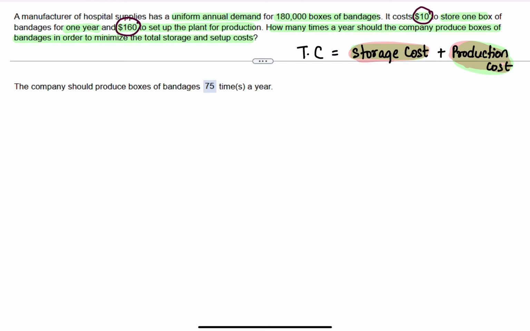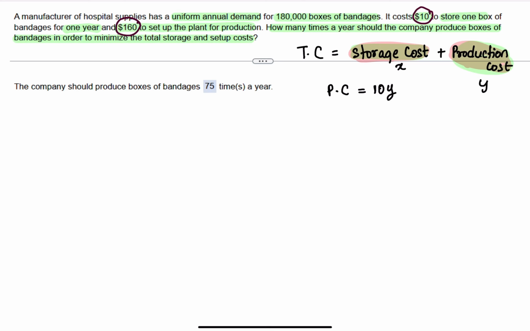Now, having said that, how do I approach this problem? Let's just say you use your factory and produce Y times a year. So my production cost, PC, is going to be 10Y. And you are producing X boxes of bandages.